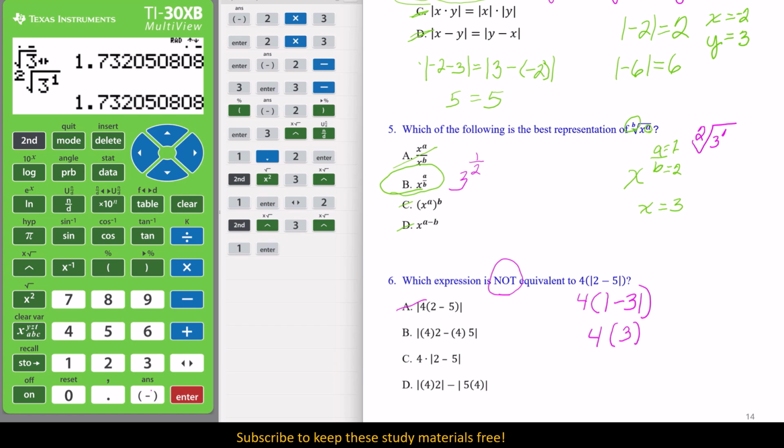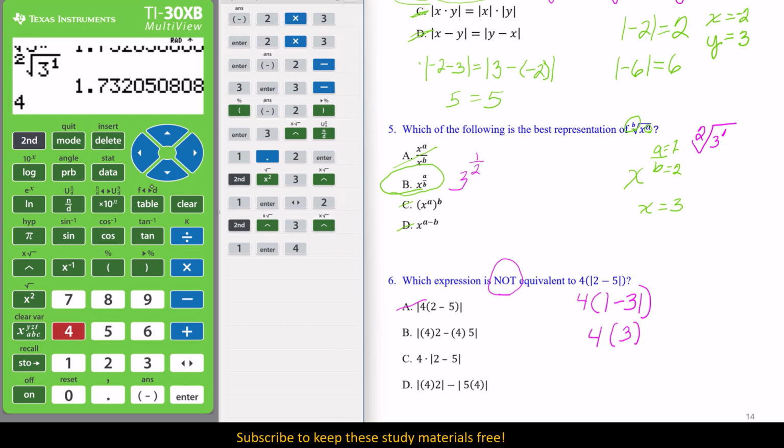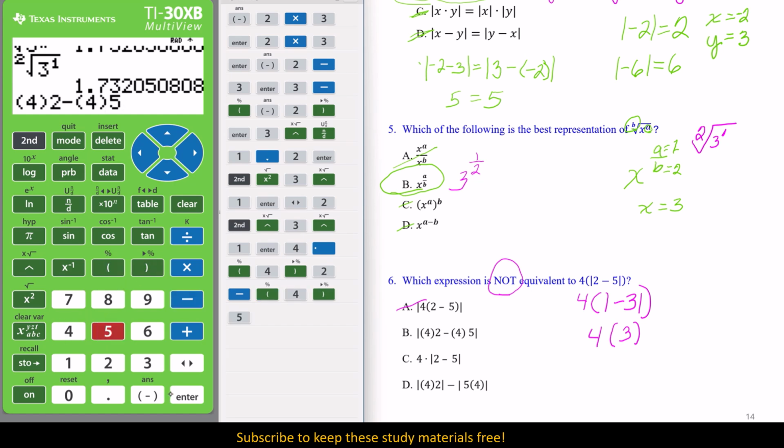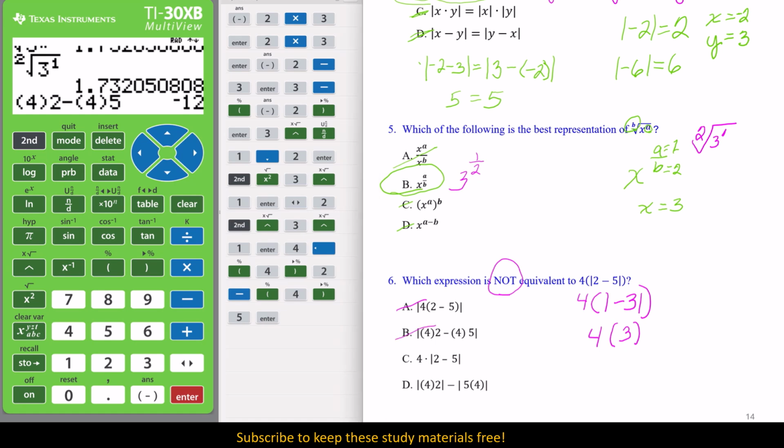Now, we could pop everything inside the calculator, like B. So let's just put all that in and see what we get. So 4, actually, let's arrow over, parentheses, 4, close parentheses, 2 minus parentheses 4, close parentheses 5, enter, and that's a negative, but it's inside the absolute value. Pull it out, it becomes positive. Well, they're asking for what's not equivalent, so that one can't be it.